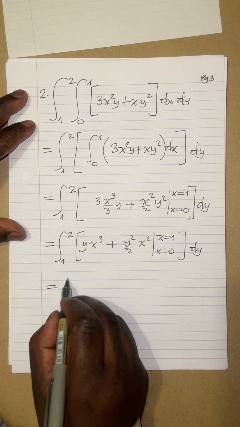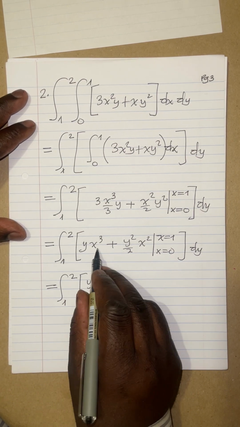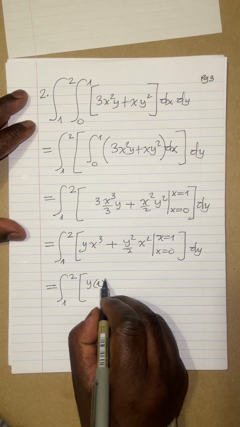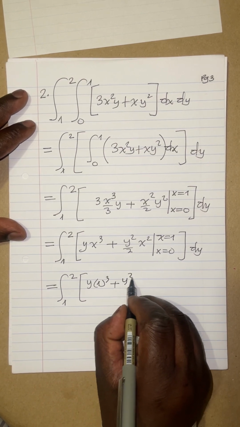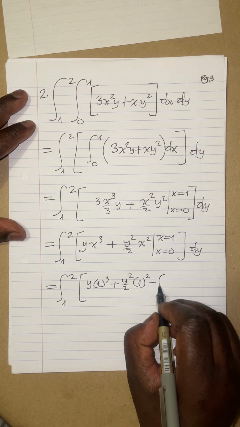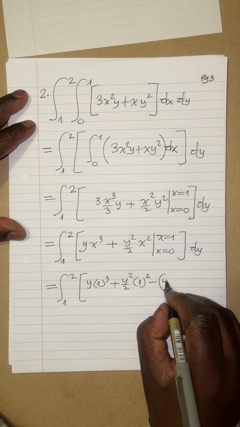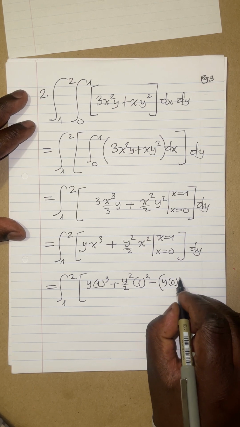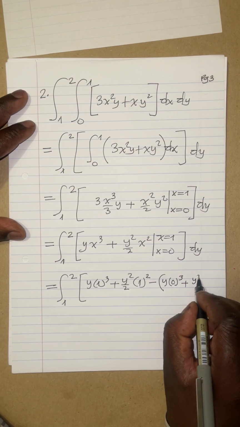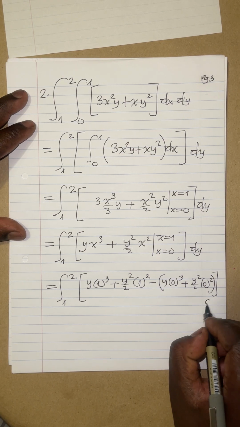So now I'm saying this is integral from 1 up to 2 of y is a constant, but there I must put 1 now. 1 cubed plus y squared over 2 is a constant, and I have 1, and I must square it, minus. Then I must put 0 there and there. So it will be y times 0 all cubed plus y squared over 2 times 0 all squared, like this, and then I have dy.